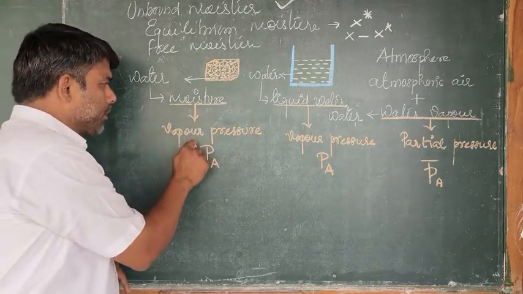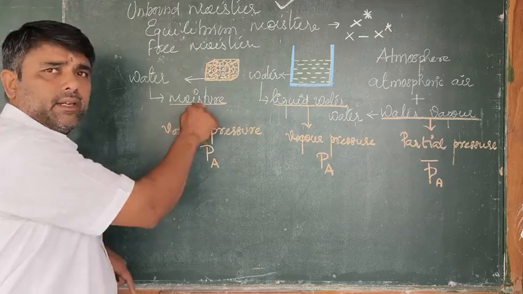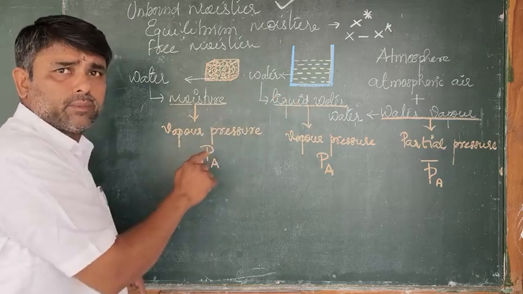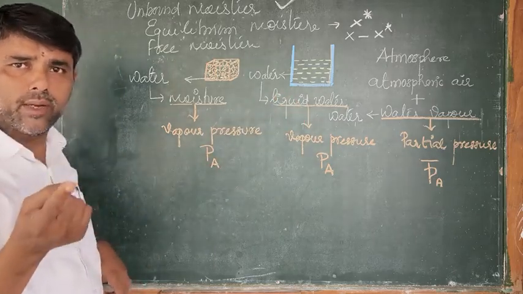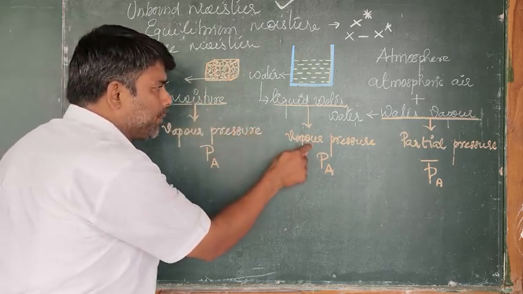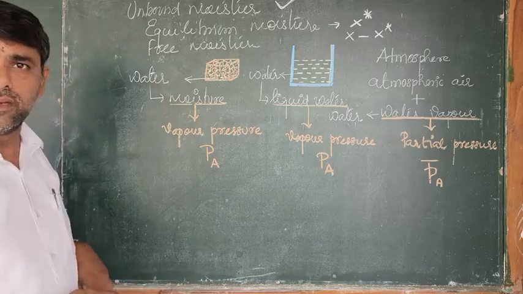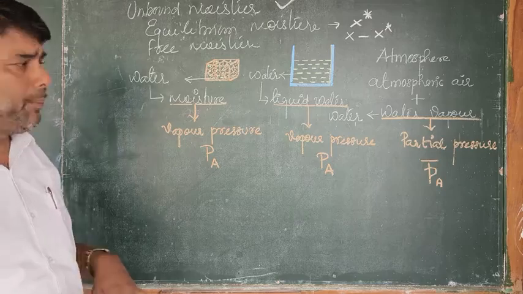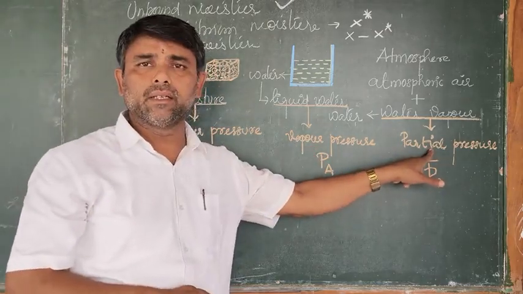If the vapor pressure of moisture is less than that of liquid water, it is bound moisture. For unbound moisture, if the vapor pressure of moisture is equal to that of liquid water, it is unbound moisture. For equilibrium moisture, I am comparing vapor pressure and partial pressure. Clear?